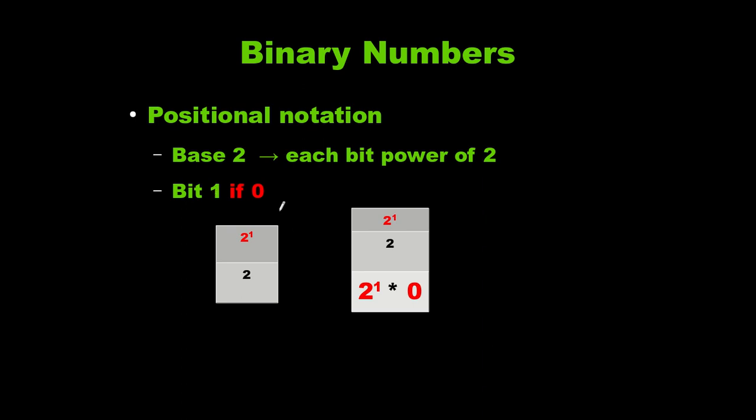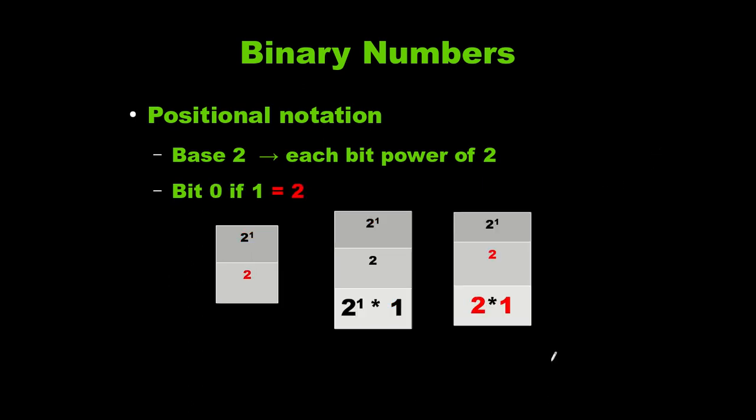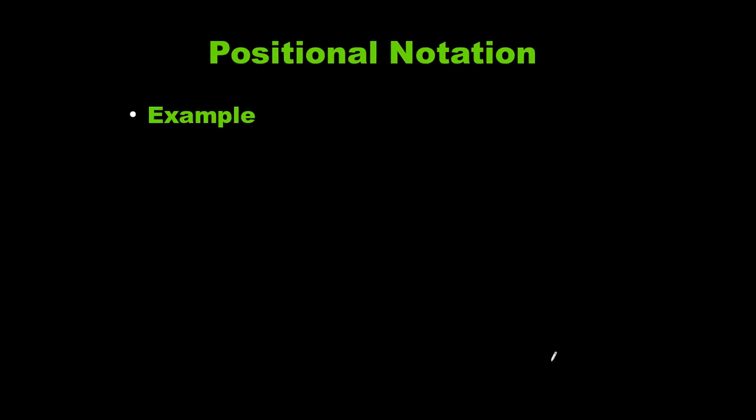So if bit 1 is 0, I have 2 to the power 1 multiplied by 0, which is 0. If I had 1, it's 2 to the power 1 multiplied by 1. And why did I put it this way? Let's see, this one equals 2.